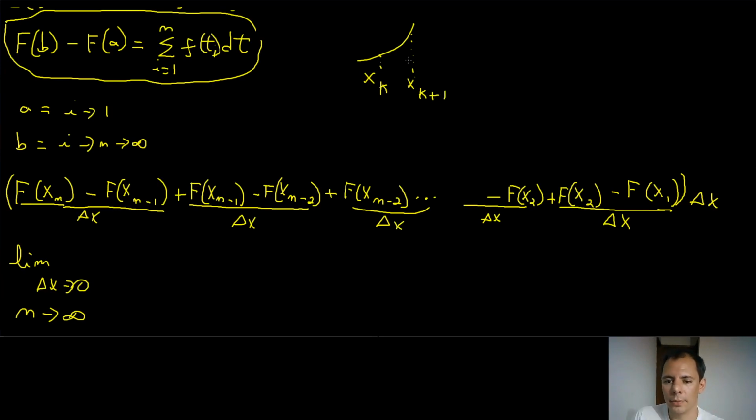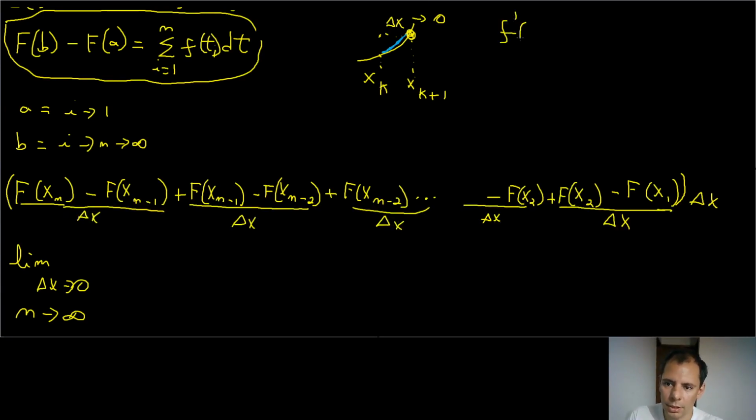Now look at that. What am I doing? The distance between them is delta x. Now, as delta x approaches 0, this point right here, I'll put a different color here, like a blue, is going to keep coming closer to x sub k. What is that? That's the differentiation. You remember that? What is differentiation?